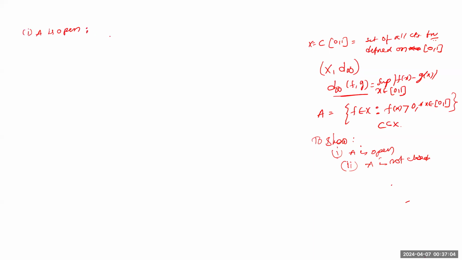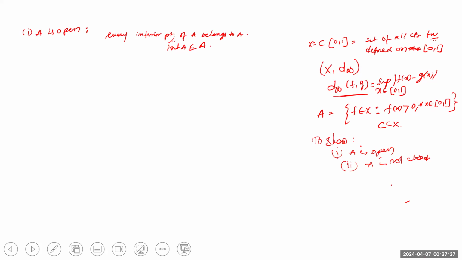That is, every interior point of A belongs to A. That is, the interior of A is a subset of A. We need to see it one by one.